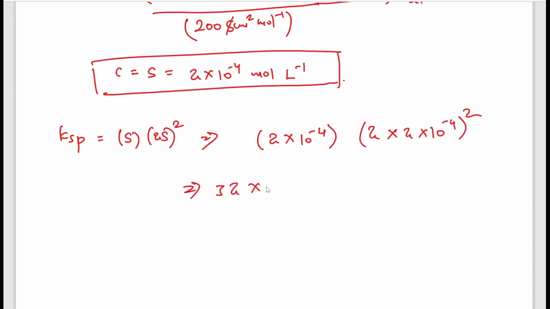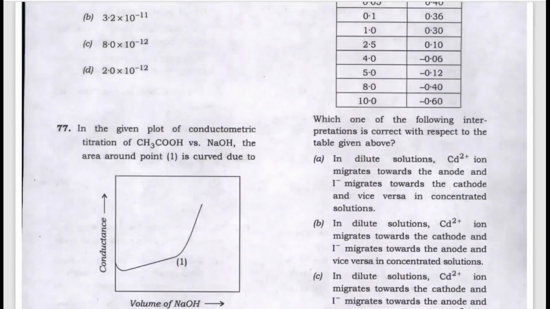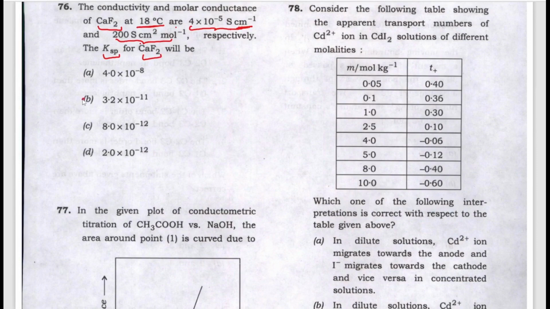So after solving, we will be left with this answer, but according to the options, this will be the final answer: 3.2 into 10 raised to power minus 11. So in this question, B is the correct answer.